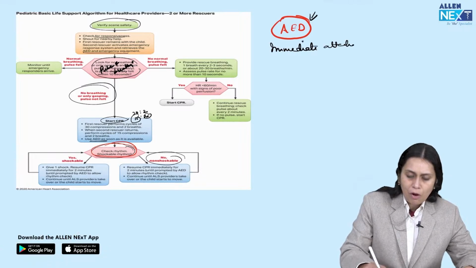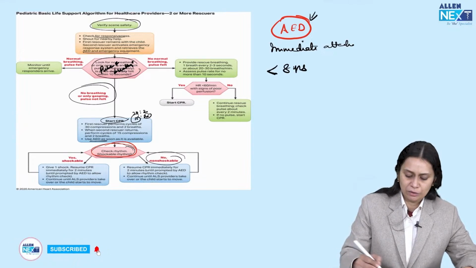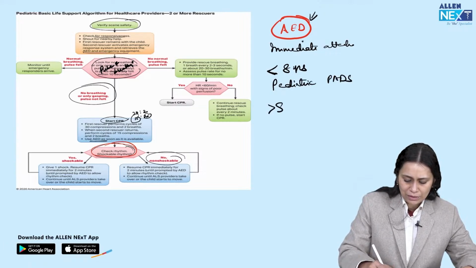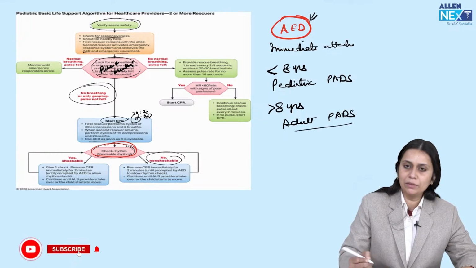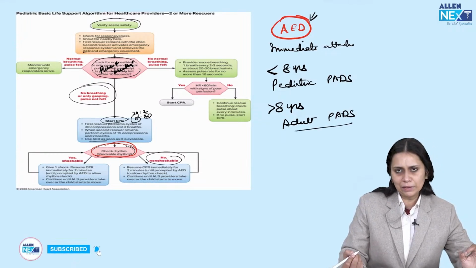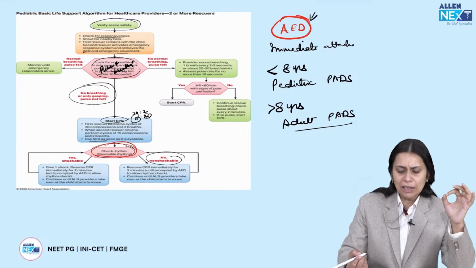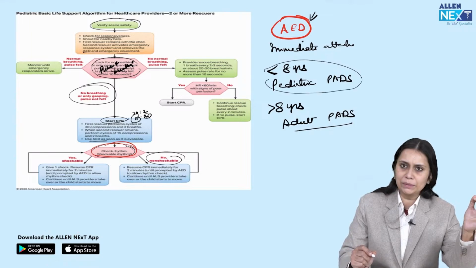For children less than 8 years, we attach pediatric pads. If it is more than 8 years, we always attach adult pads. Pediatric pad has wire which will decrease the energy of the shock. Adult pad will give the full shock, okay. So in less than 8 years, pediatric pad.